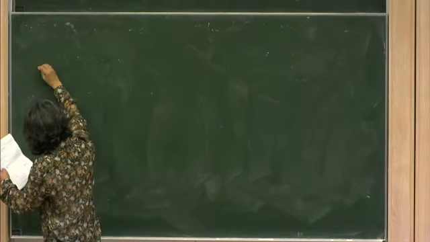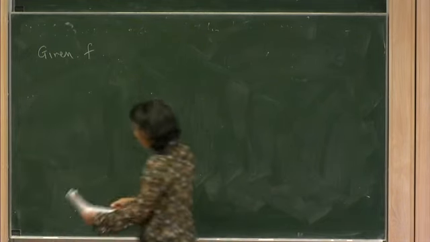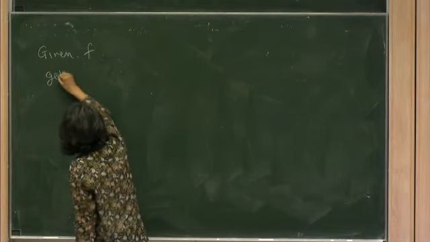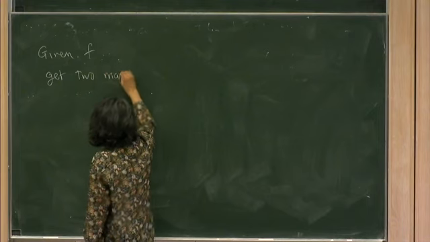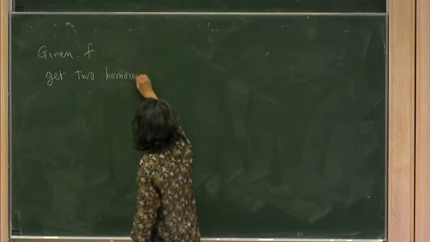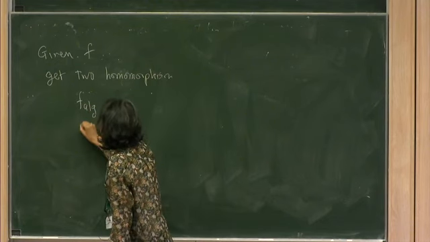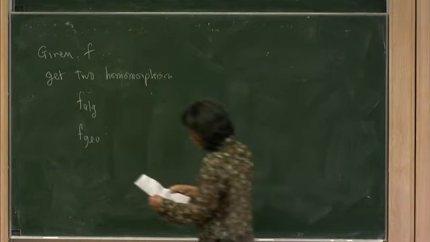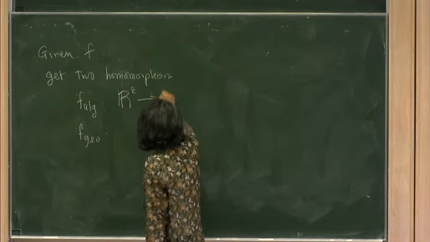Okay, so given the graph map, we have two associated homomorphisms, F-alg and F-geo, from R^E to R^E.